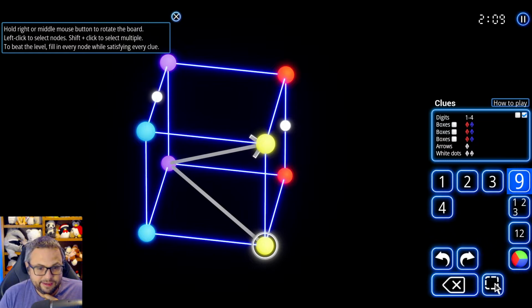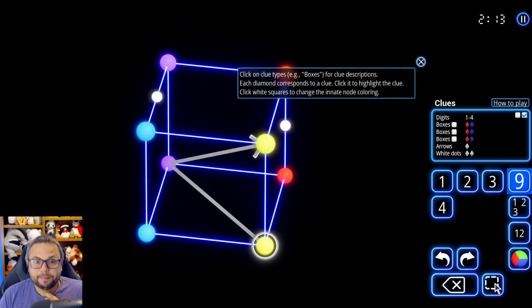Okay, I've got digits 1 through 4. Okay, I guess I have to click X there. Click on a clue type, e.g. boxes, for clue description. I see. Okay. Click it to highlight the clue.